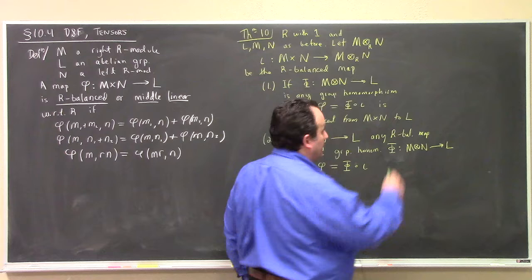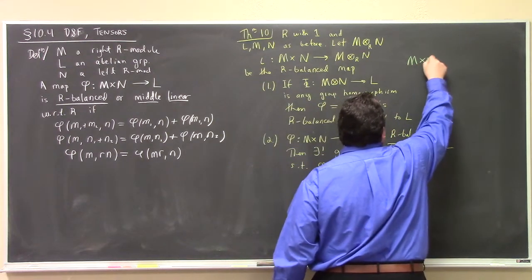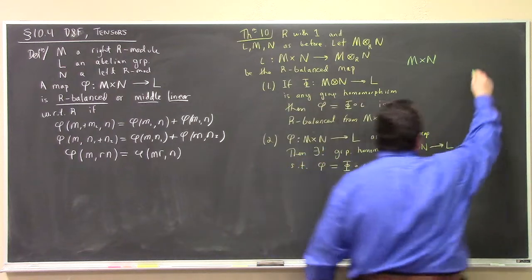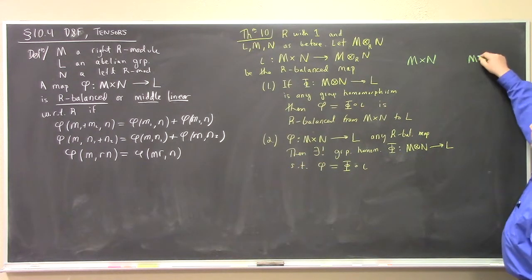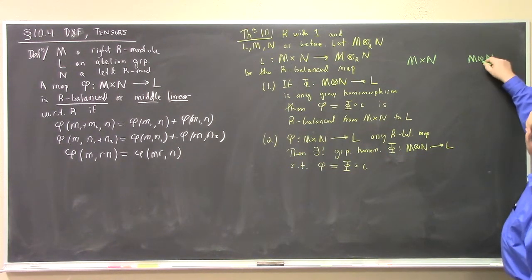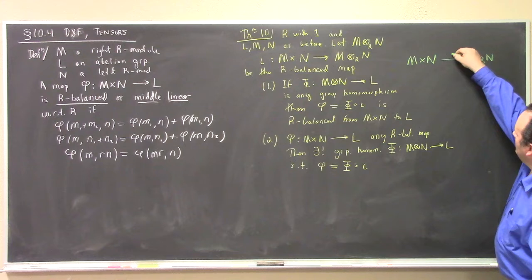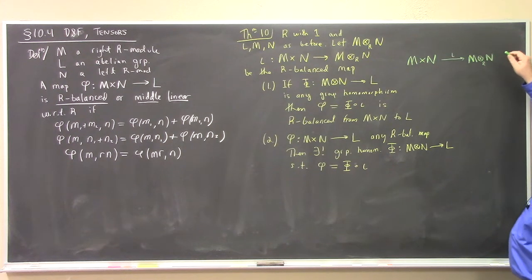We have M cross N, M tensor N over R. So there's the iota map.